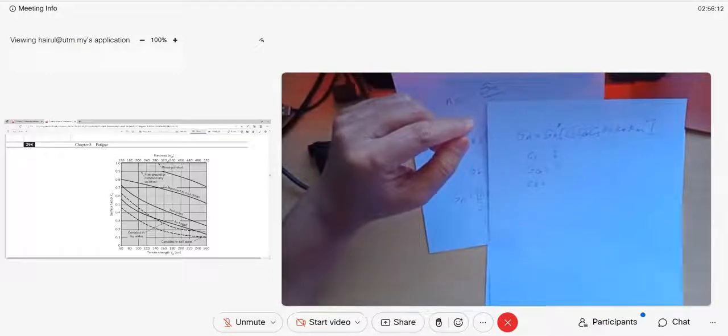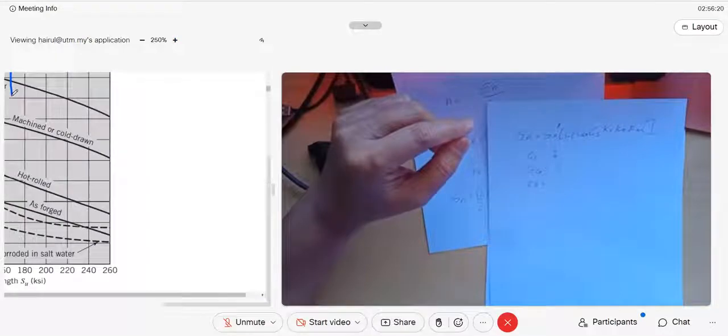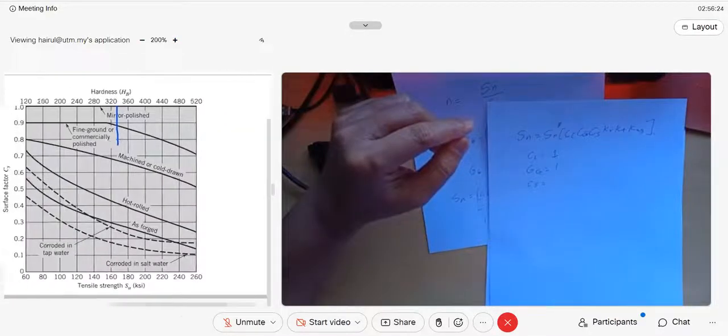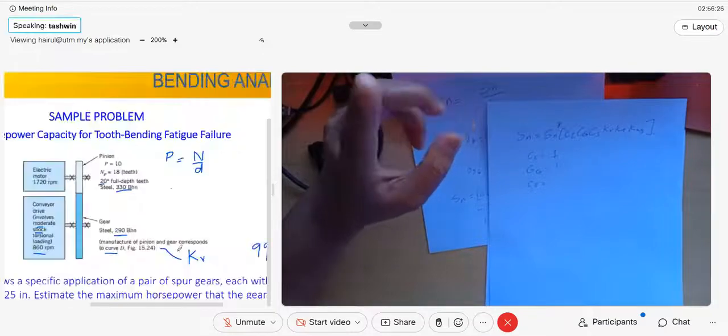The gear is machined, it's a hobbing process. If it said shaped or ground, be careful.